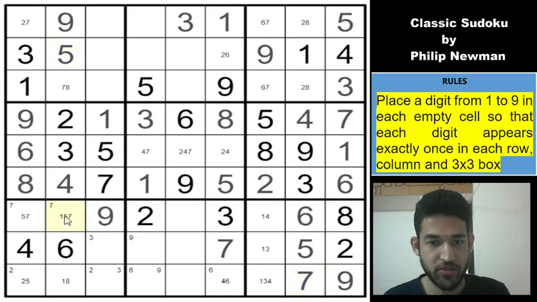Oh, you have a 5 here, so 5 can be removed from here, so this is a 1 and 7, so this will be 1, 4, 5, 7, right, can be all digits.